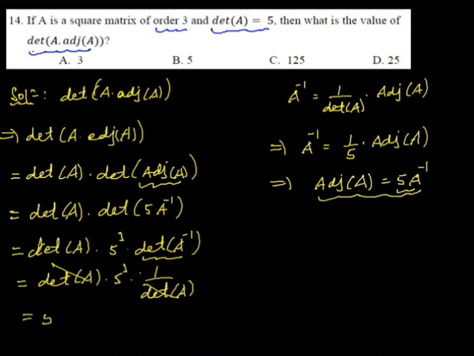The remaining thing is 5 to the power of 3, which is 125. Therefore the required answer is C.